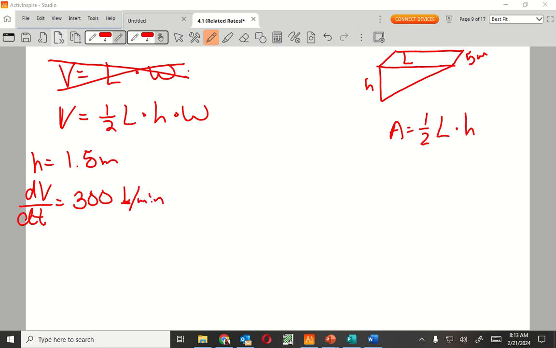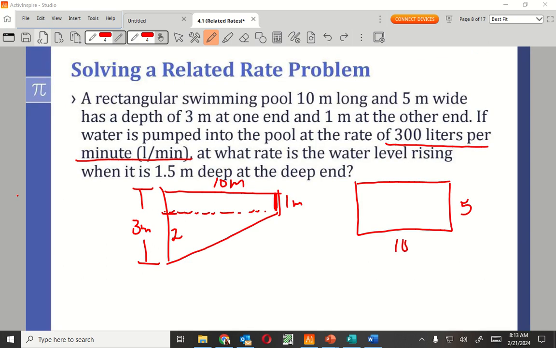Now, what else do they give us? And we're solving for, going back, at what rate is the water level rising?